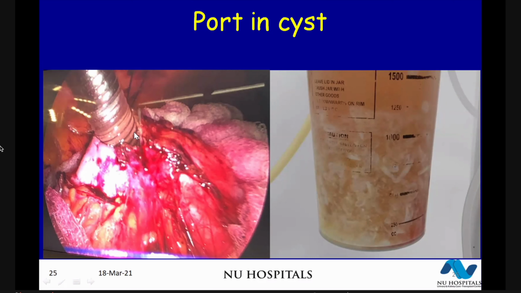Then an additional 12 mm transparent port was placed into the cyst and the cyst contents were aspirated, and later the cyst was irrigated with 3% hypertonic saline. Each cycle was like 200 ml instilled. We waited for 5 minutes and then re-aspirated it.